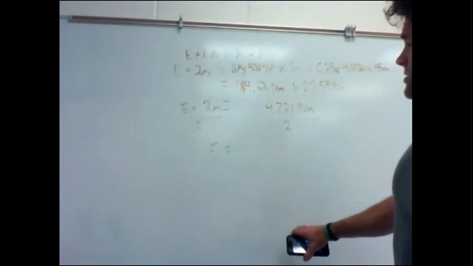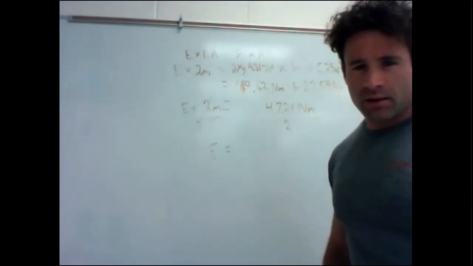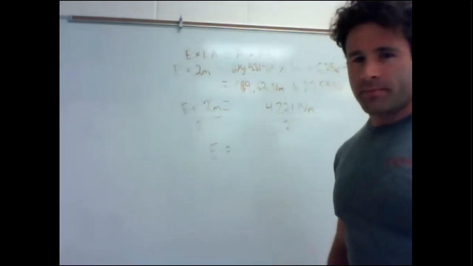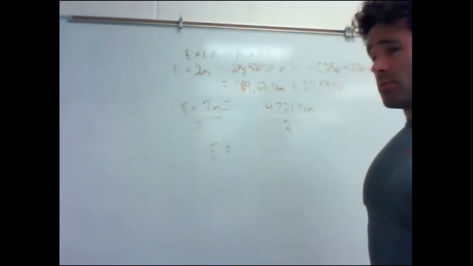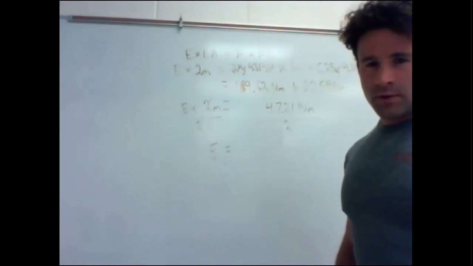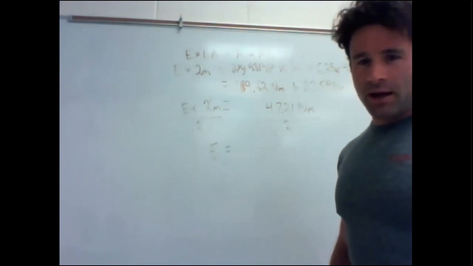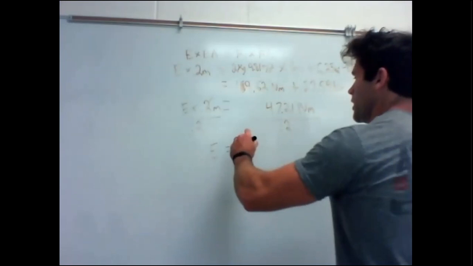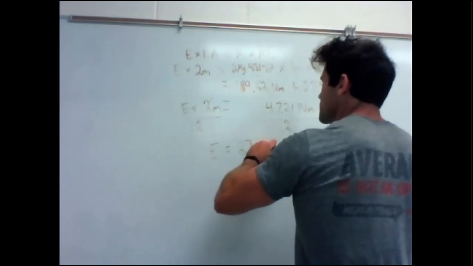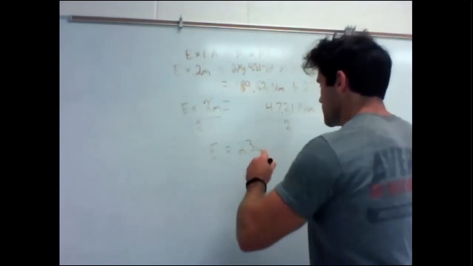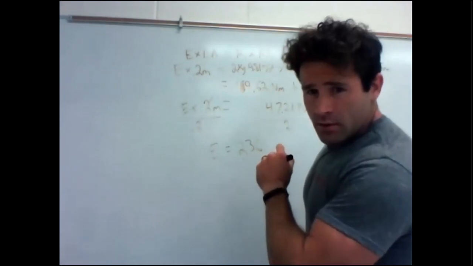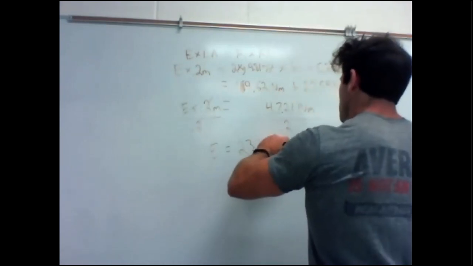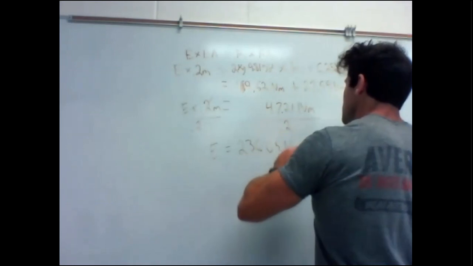No. Notice it's divided by 0.2, Zach. My bad. Divide by 0.2. So that means it's going to be 236.05 Newton meters by the deltoid.